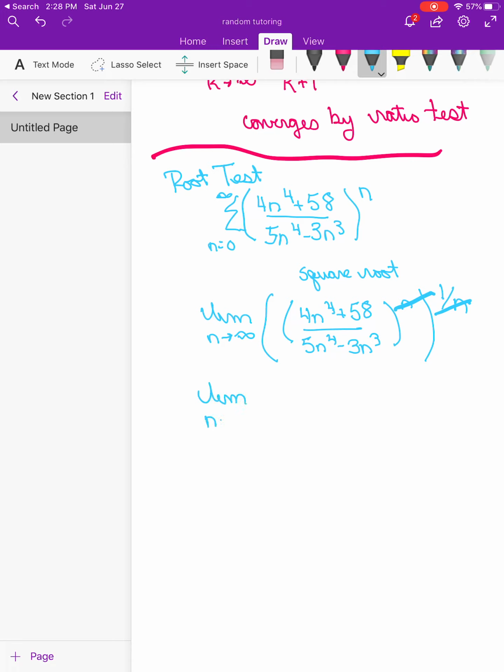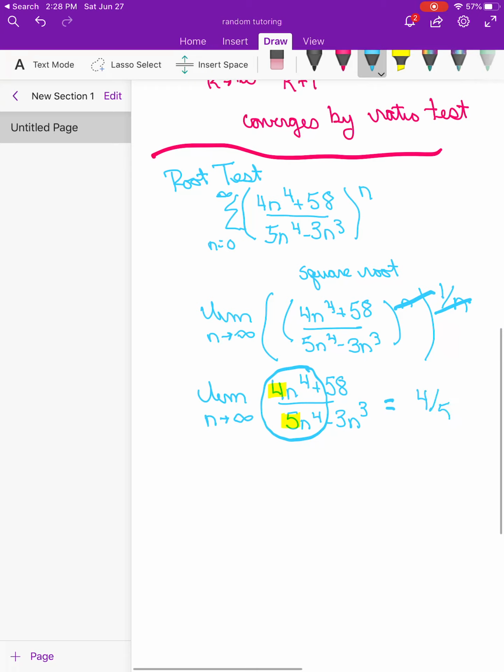Then you're just left with the limit as n approaches infinity of 4n to the 4th plus 58 over 5n to the 4th minus 3n cubed. I can't remember the name of the rule, but if you have equal powers here, the limit approaches the ratio of the coefficients. So we should just have 4/5, which is less than 1.